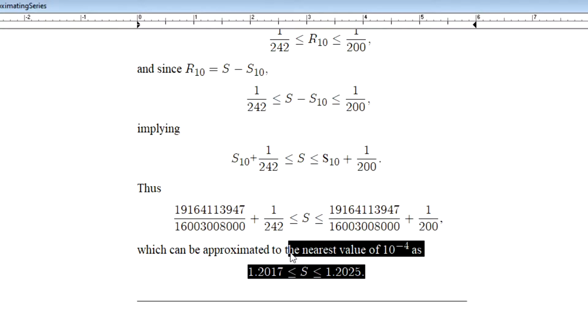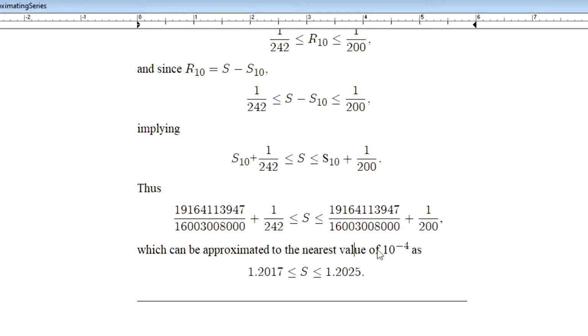We can then approximate S to the nearest 10 to the negative fourth degree, to be somewhere between 1.2017 and 1.2025 in value.